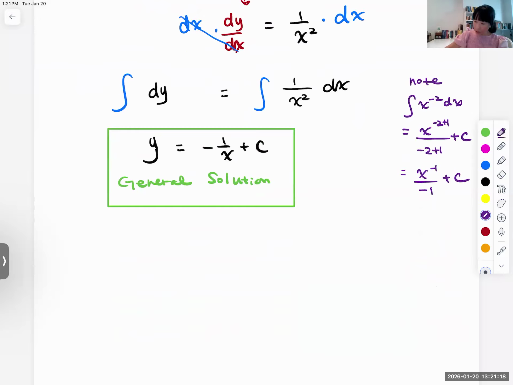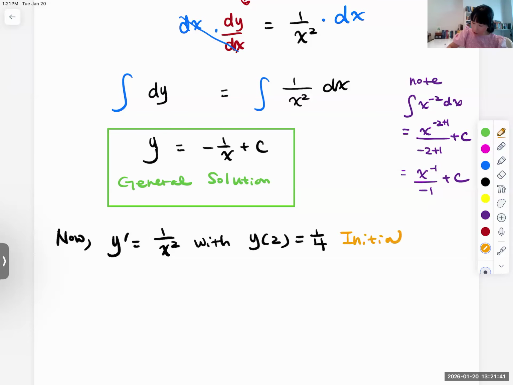So now we have y prime equal to 1 over x squared with y of 2 equal to 1 over 4. This is the initial condition, the initial value, right? Okay.